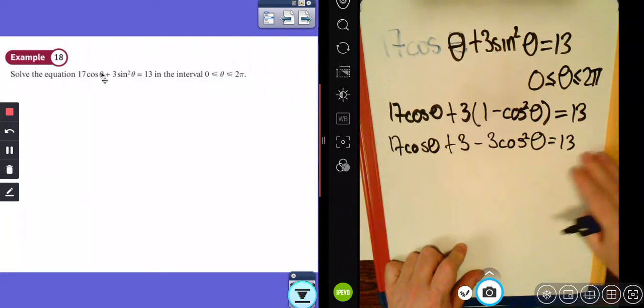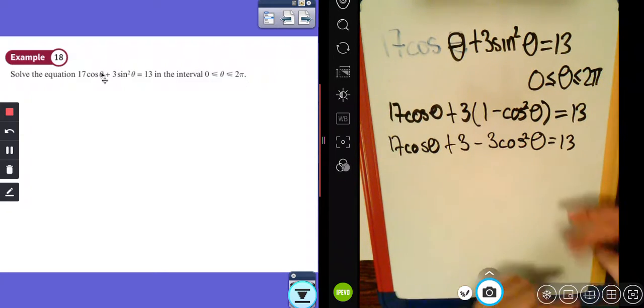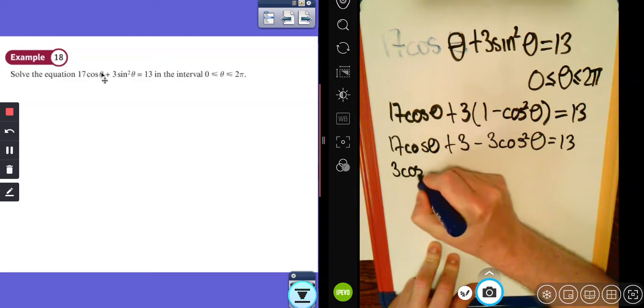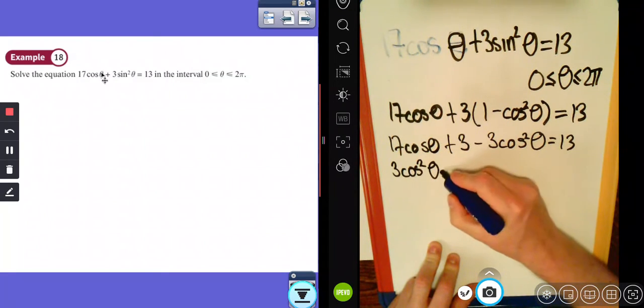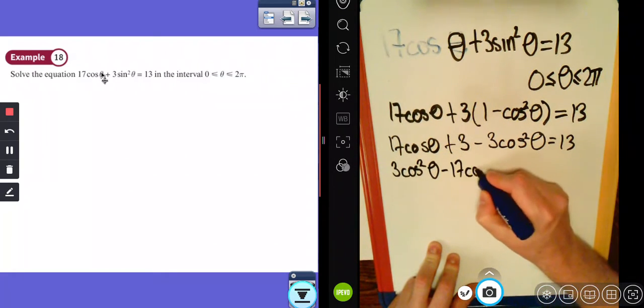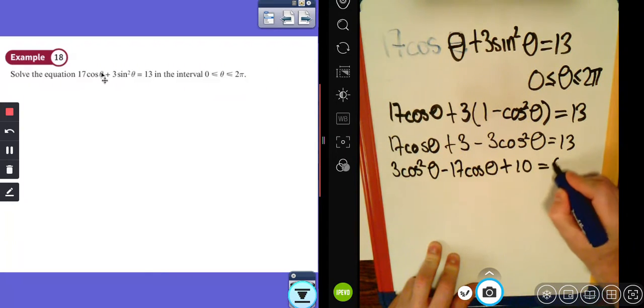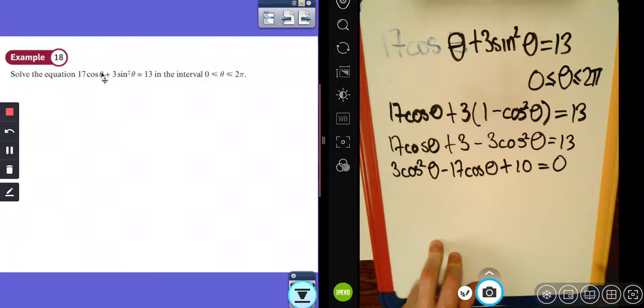But because I haven't got much room here, I'm also going to flip it round. So let me show you what I mean. I'm going to write this as 3 cos squared theta minus 17 cos theta plus 10 equal to 0. Now, if you're feeling really confident with trigonometry and algebra, you might want to skip this step.